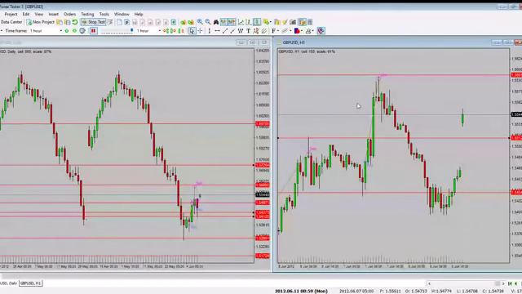Especially because price closed with a large pin. So here we have a pin to the downside. We have 2 pins to the downside. This candle becomes neutral now. That's how I would look at the candle.